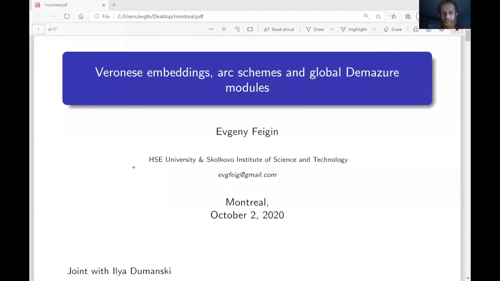Before I start, let me mention that this is based on joint work with Ilya Dumanski, and there is also some collaboration with Michael Finkelberg. But I'm not actually going to talk today about these applications. I'll try to stay on concrete footing and then go to the more general picture.